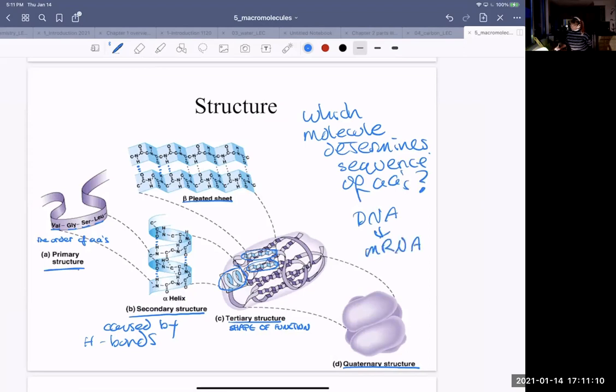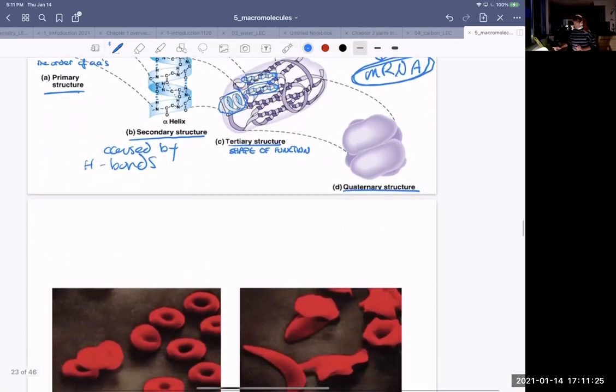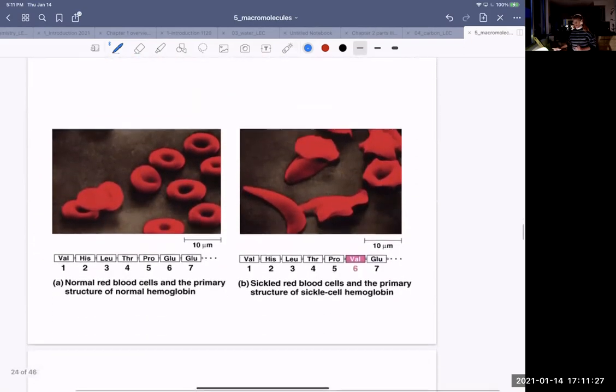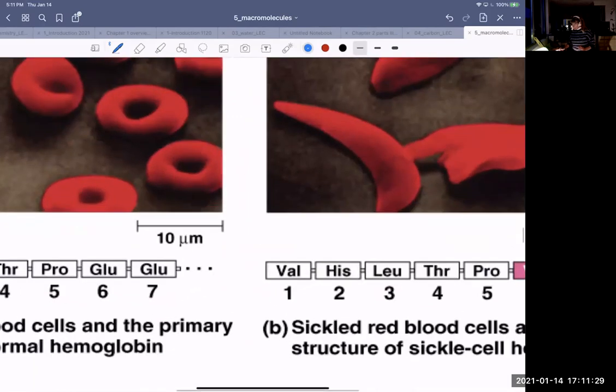So DNA, which is transcribed into messenger RNA, and that will be read, and it will result in a particular sequence of amino acids. So this sequence is really important.